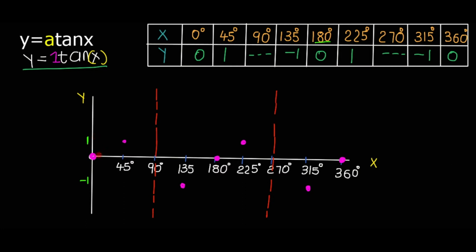Where we have our points, we will join this one, and then this line approaches this vertical asymptote, but it does not touch those asymptotes, it just gets closer to those asymptotes. To be accurate and not make mistakes, start from left to right, so I start from here and then approach this direction.